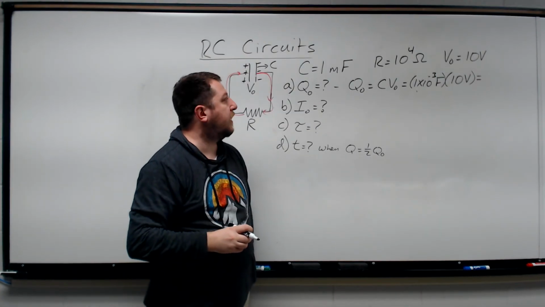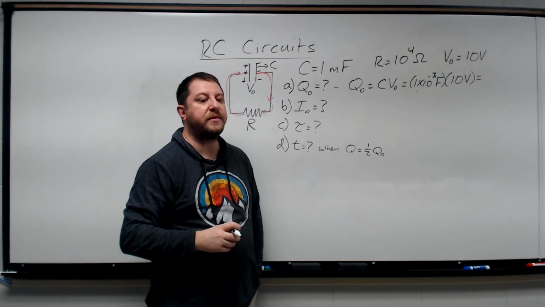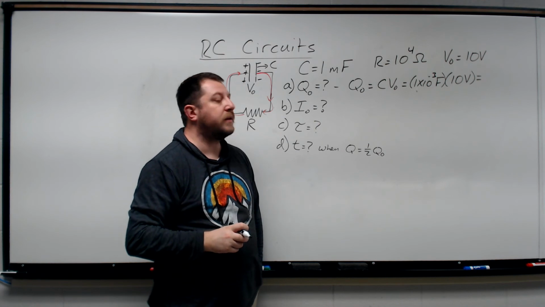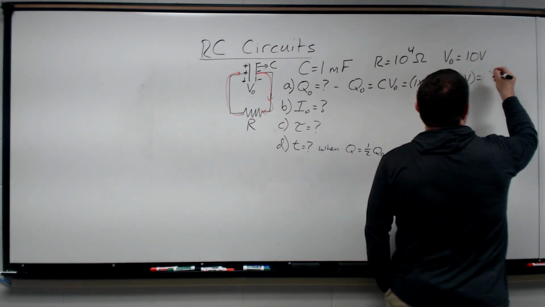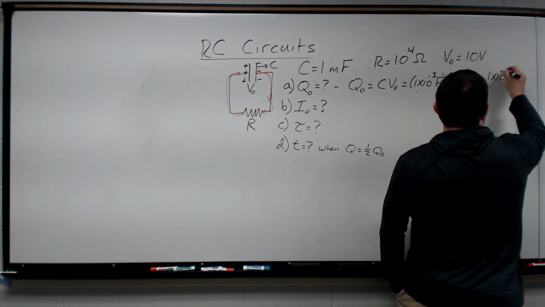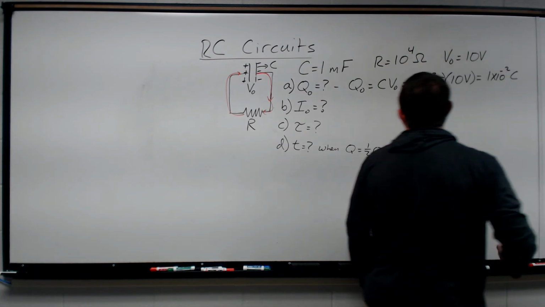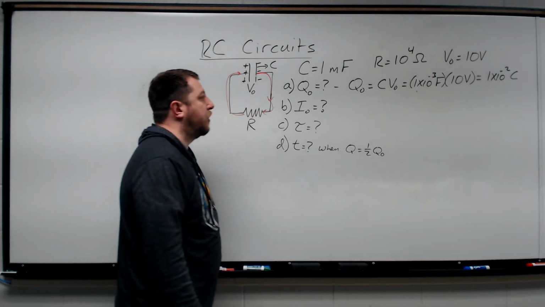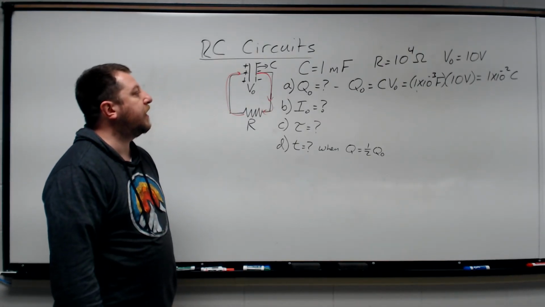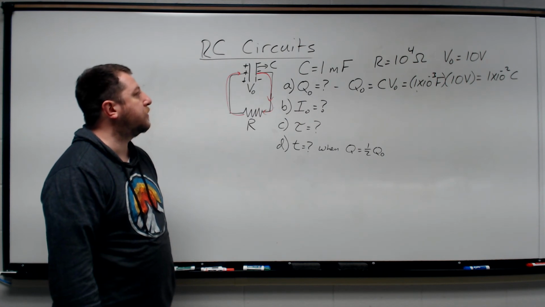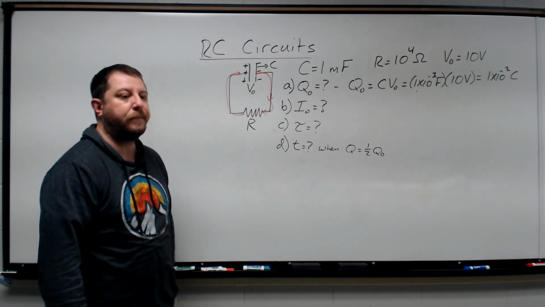So 1 times 10 to the -3rd times 10 is going to be 1 times 10 to the -2. And this is going to be coulombs since we're working with charge, right? So 1 times 10 to the -2 coulombs is the original charge on my plates.